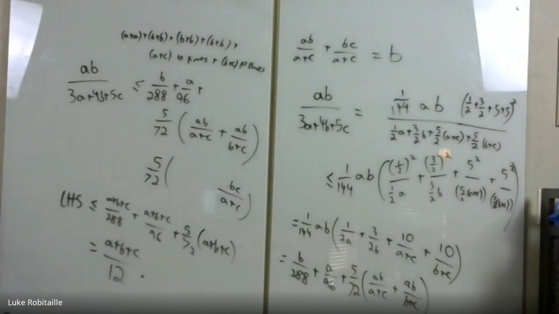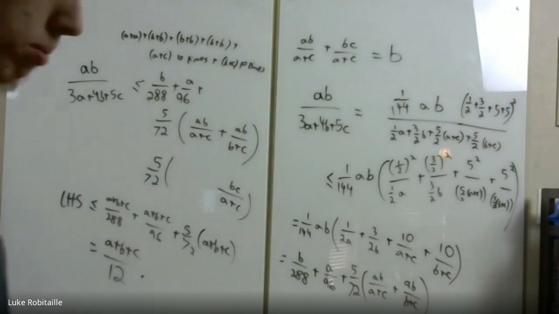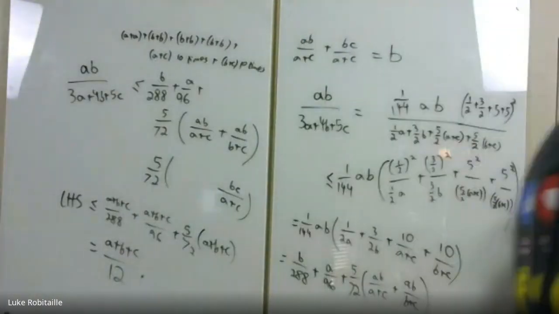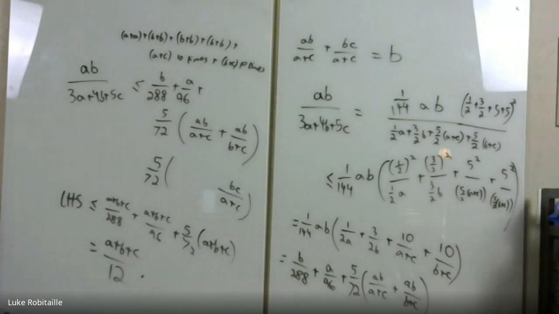Some problems maybe it would help to know concepts from calculus, and sometimes it can help to do some calculus. Like if you want to apply Jensen, you might need to take the second derivative of something.